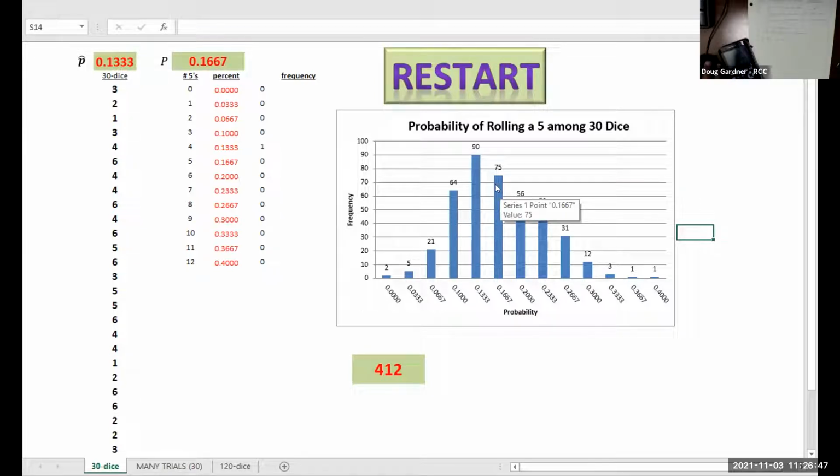However, notice it's not winning, and it's actually not winning by quite a bit. Does that bother you a little bit? It should. Shouldn't this be the tallest one if that's kind of the right answer? Now, remember what this means is, well, we only did 412 trials, and maybe that just randomly happened a little bit. Notice we got 0 another time. We have 2 zeros now, not just one.